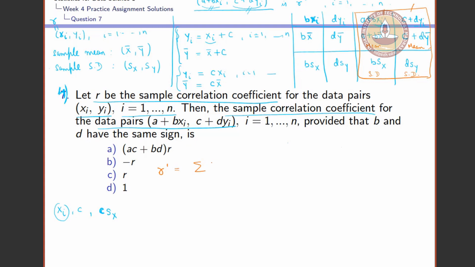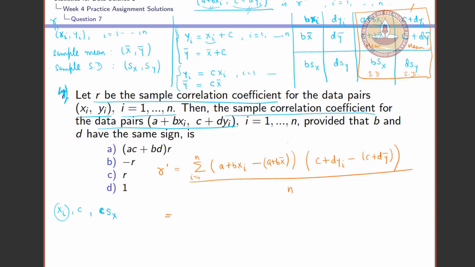That will be equal to a plus bxi minus the mean of a plus bxi, that was a plus bx bar, into c plus dyi minus c plus dy bar, divided by n, since the total number of points was n, where i is varying from 1 to n.